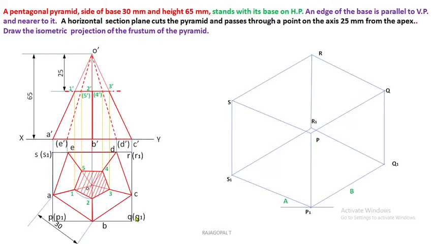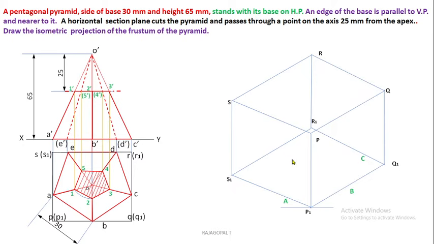Next, in Q1 R1 we have point C. Here it is Q1 and this is R1. Measure the distance of C from Q1, convert it into isometric scale and mark point C here.